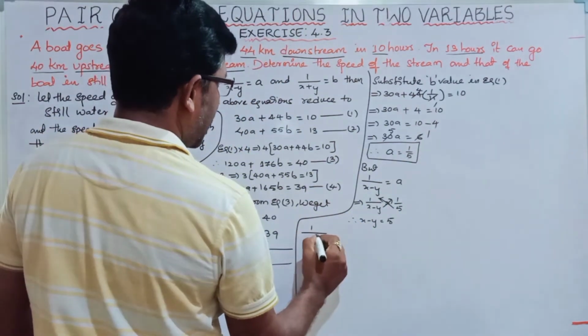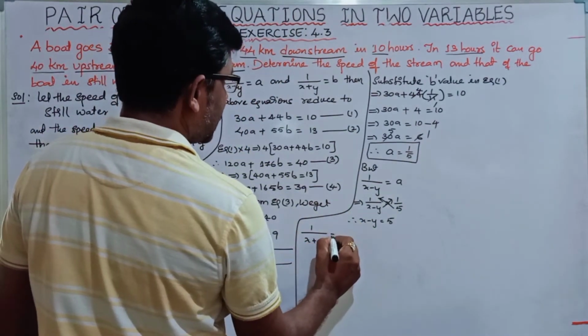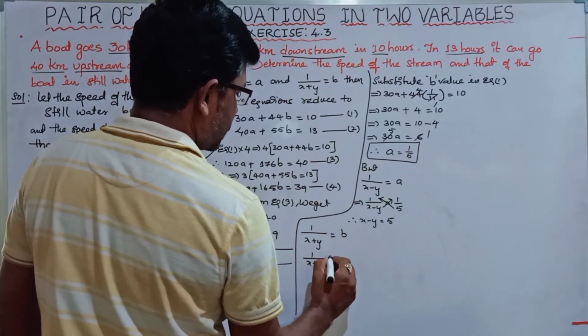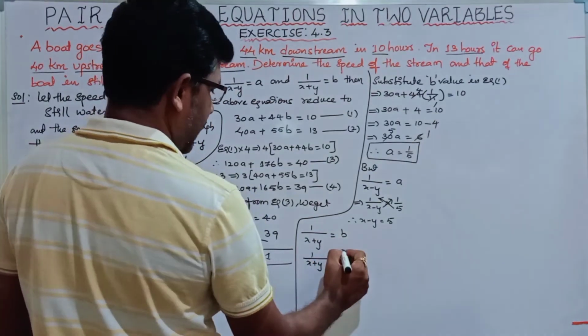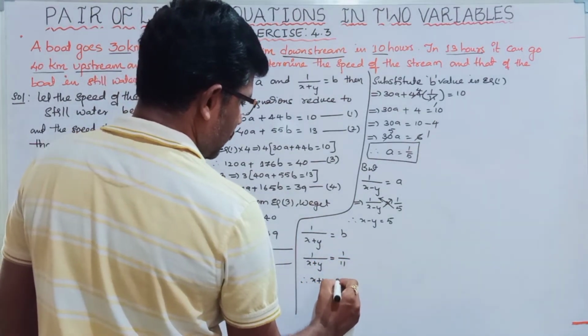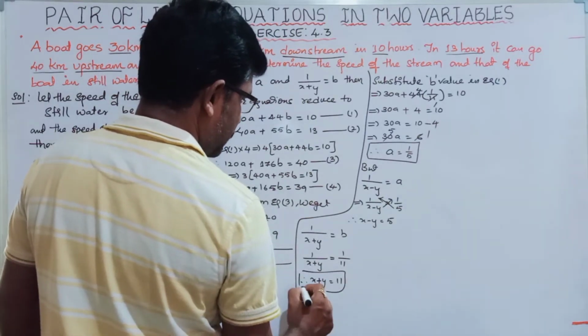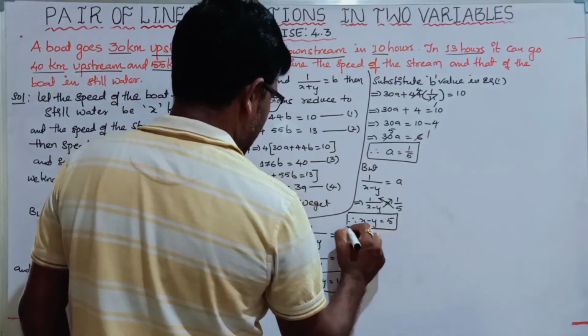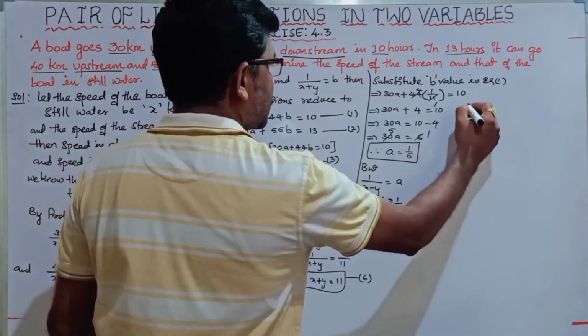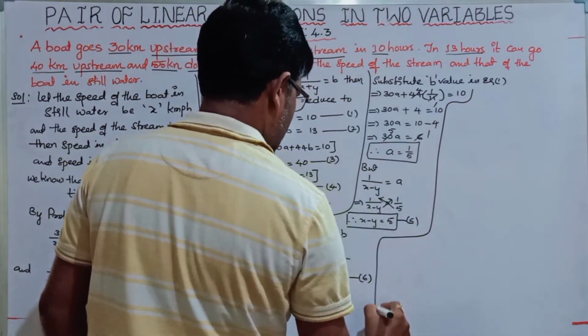Similarly, 1 by x plus y is equals to b. 1 by x plus y is equals to 1 by 11. Therefore, x plus y is equals to 11. This is equation 5. This is equation 6.